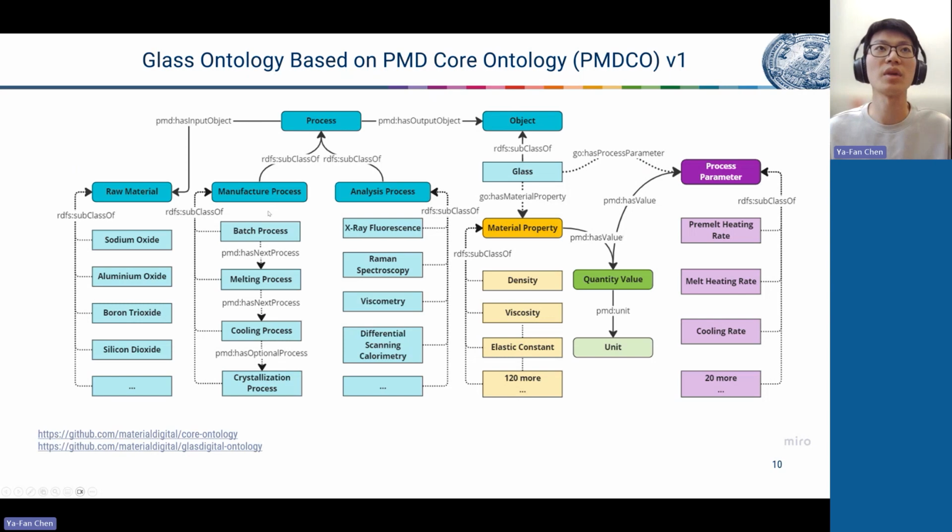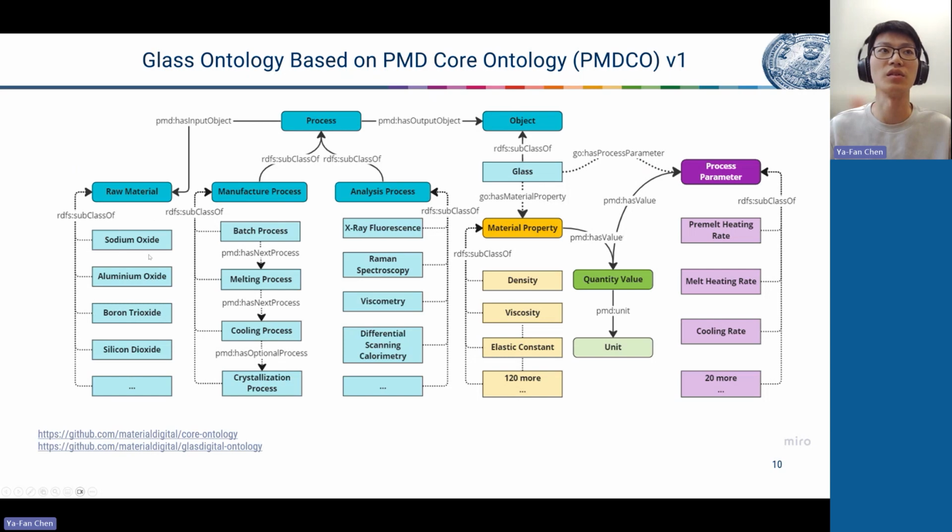The manufacture process contains the batch process, the melting process, followed by the cooling process, or an optional process, the crystallization process, which is what we don't want. And here the input object is the raw materials.